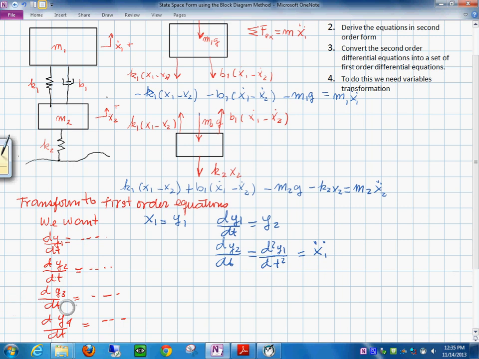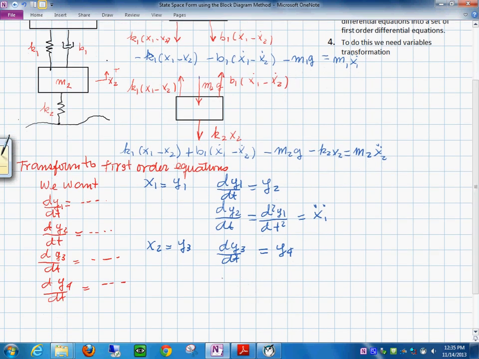Okay. We also need another transformation that x2 is equal to y sub 3, and dy sub 3 dt is equal to y sub 4, and that the other transformation is that dy sub 4 dt is equal to d squared y sub 3 dt squared, and this of course is x sub 2 double dot, like that.